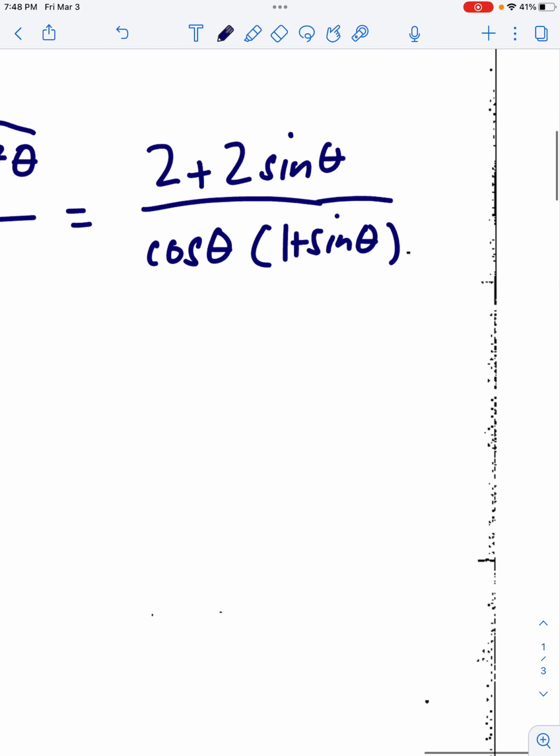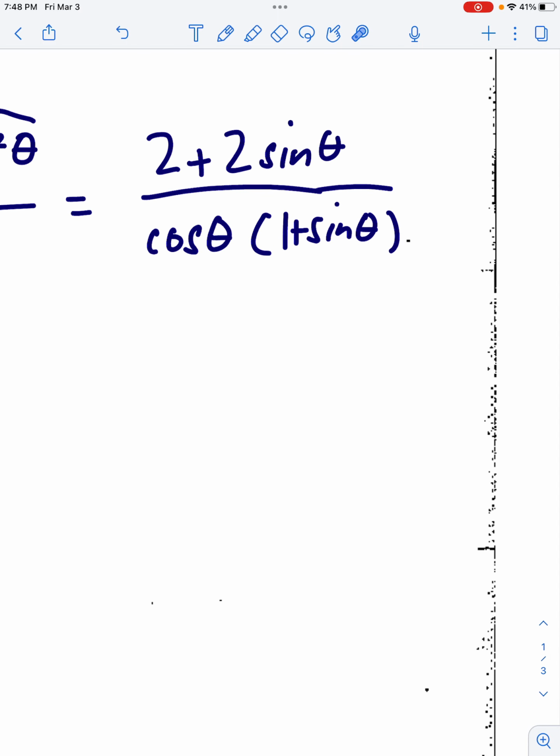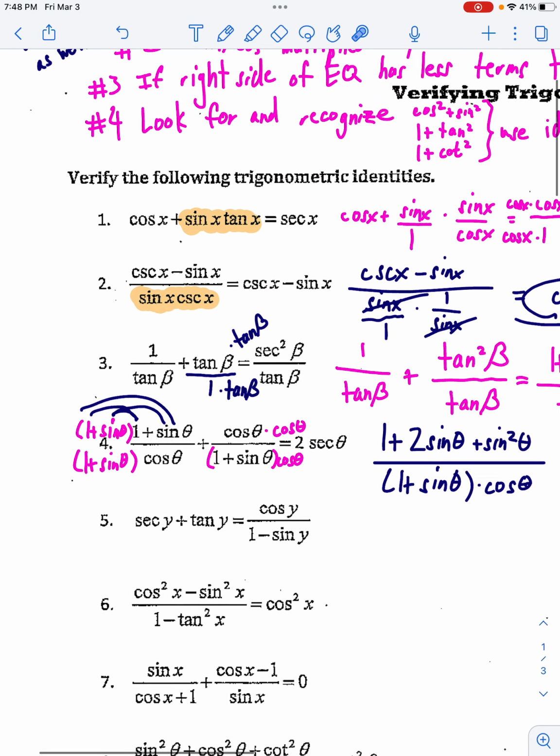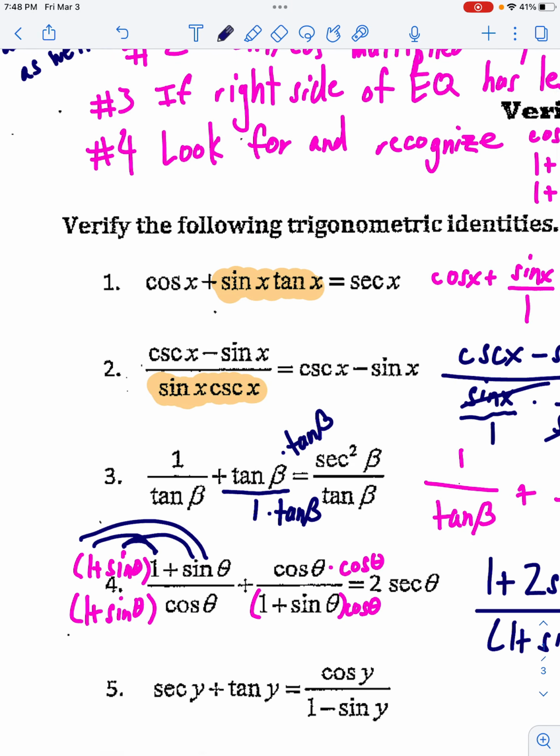Notice how these 2 guys right here are so similar. We can almost cancel them, right? We have a 1 plus, this is technically 1 plus 1 sine theta here. On the top, we have a 2 plus 2 sine theta, okay? So another trick you're going to want to do is factor.